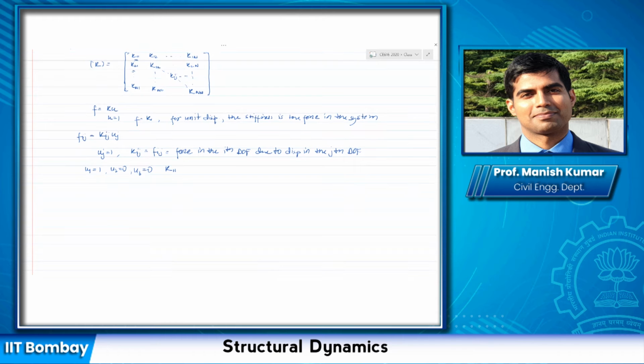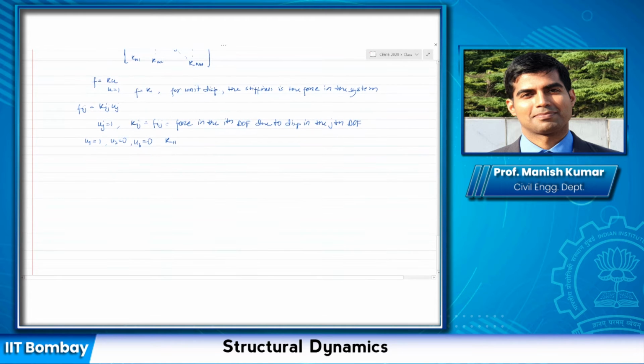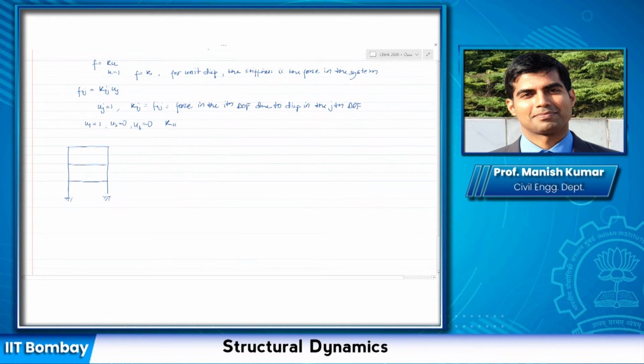So what I'm trying to say here is that the influence coefficient Kij is the force required along DOF i due to unit displacement at DOF j.